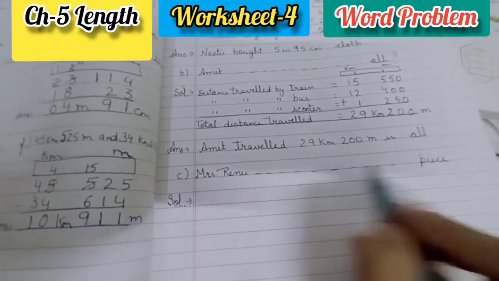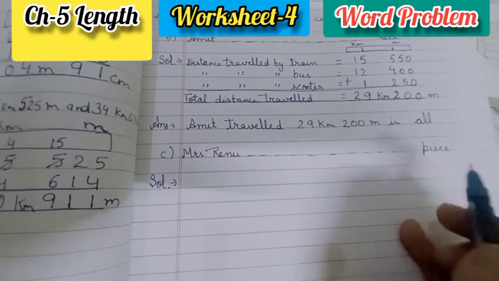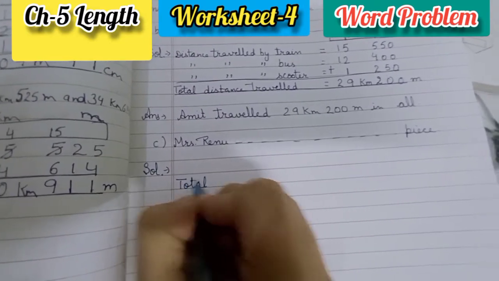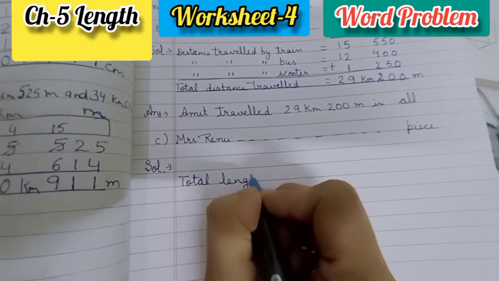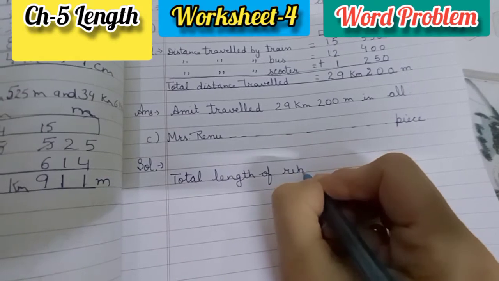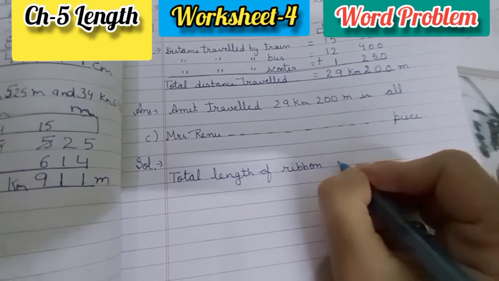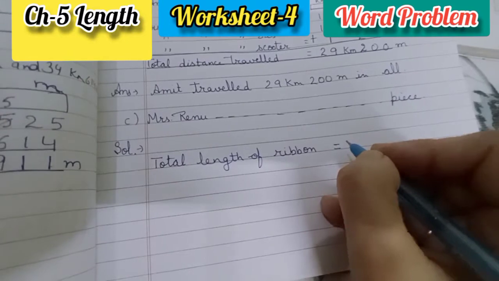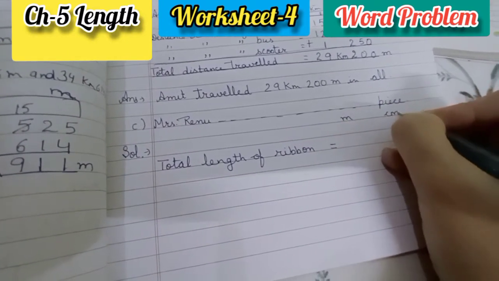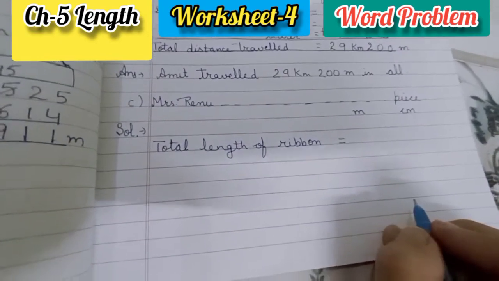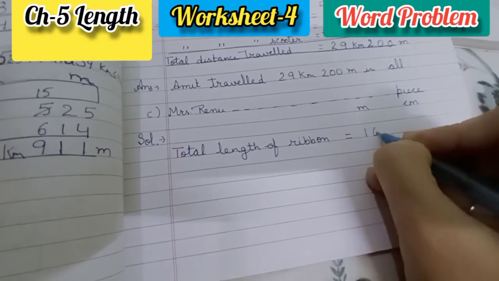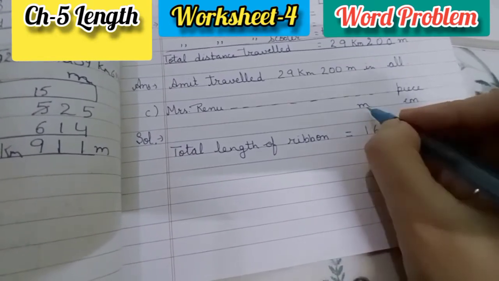So first of all write the first word and the last word. Mrs. Renu into piece. Now total length of ribbon. That is, again you will separate it into 2 columns, meter and centimeter, and length of ribbon is 16 meter and 75 centimeter.